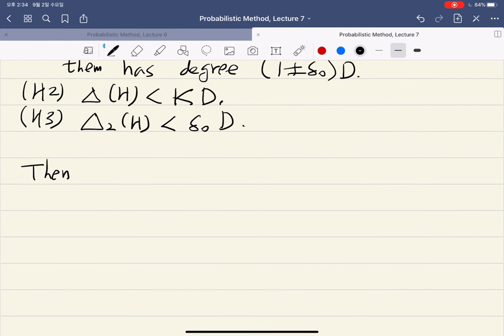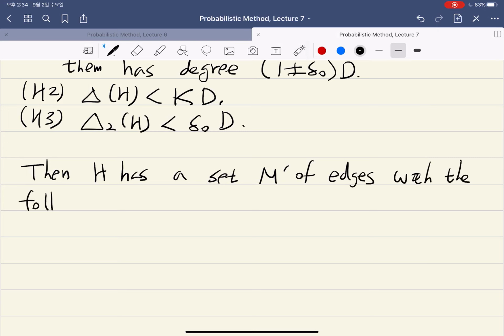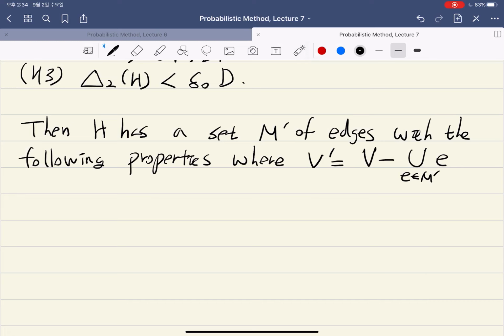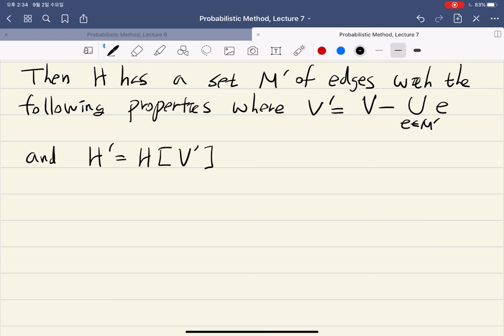Then this H has a set M prime of edges with the following property. Where V prime is, we delete all the vertices inside of these edges in this collection, and let's say H prime is the induced hypergraph which is induced by this V prime.